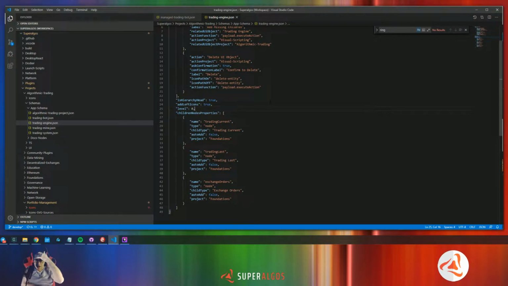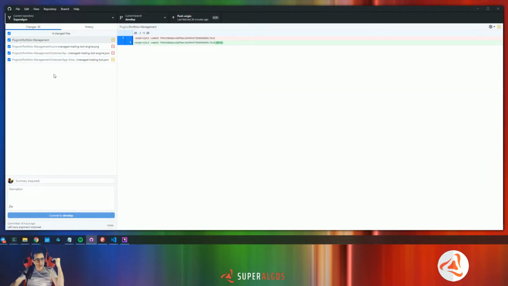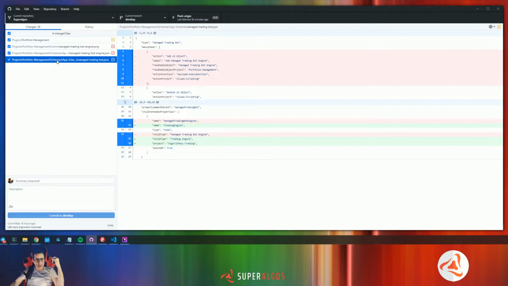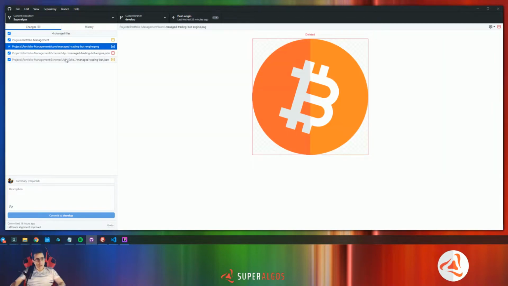And probably that's the reason why I should keep the other node that I was deleting, okay? So all of these changes, I will revert them.